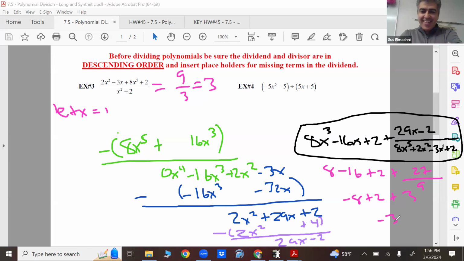What did I do wrong? 27. 9, 12, 9. I wonder if it should have been negative 8. No, it's not negative. Negative 8. I don't know what I did wrong, but anyhow, we're just going to move on.